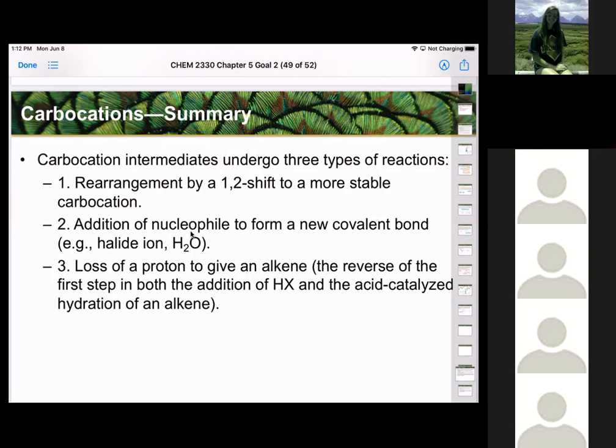So while we don't actually talk about this last one, it does happen, but it doesn't give us products. The rearrangement gives us two products. The addition of the nucleophile gives us the product we're looking for, but that step 3 gives us our starting material, so we don't typically see it.